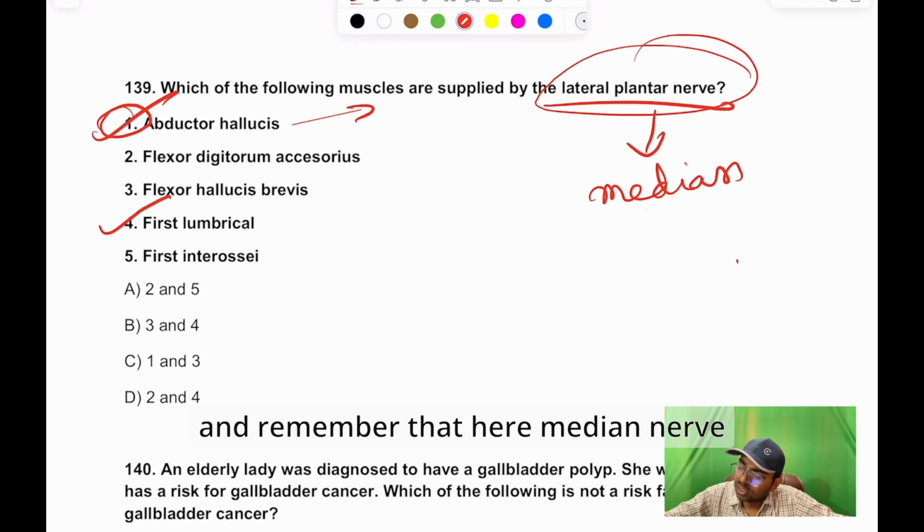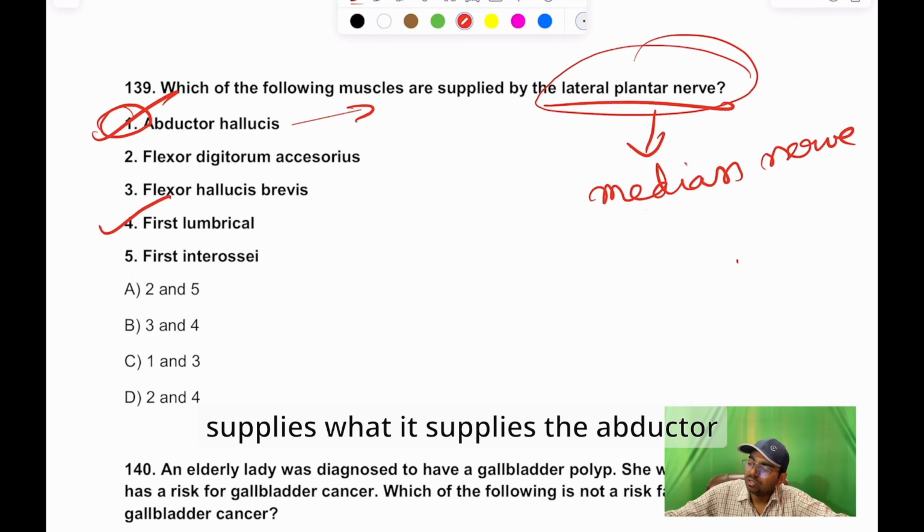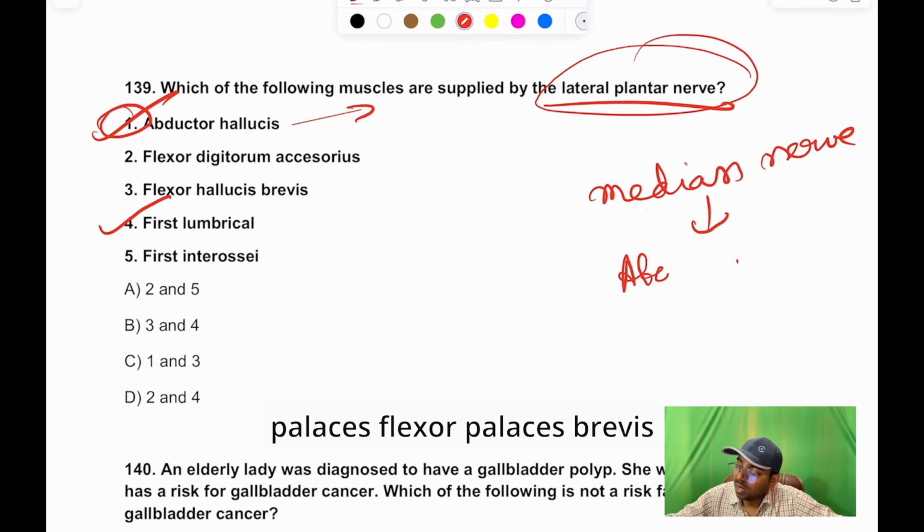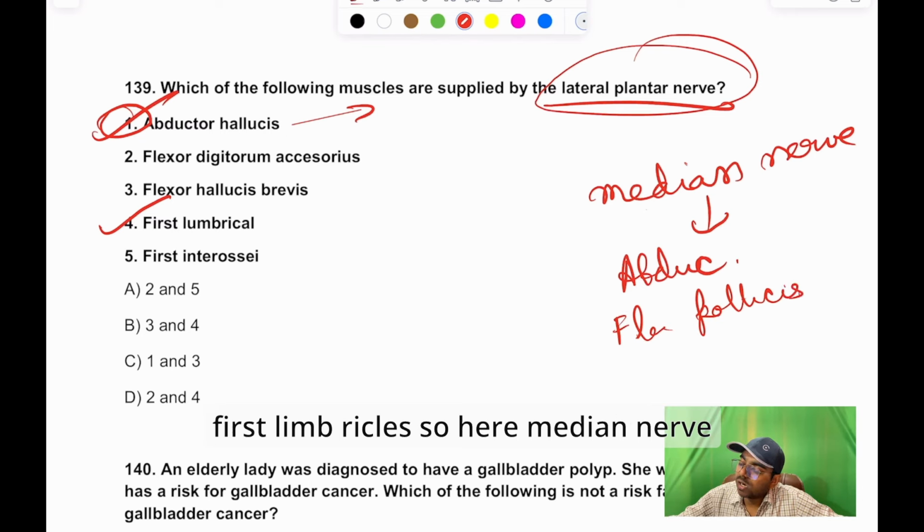and remember that here the median nerve supplies what? It supplies the abductor pollicis, flexor pollicis brevis, first lumbricals.